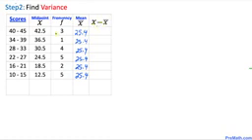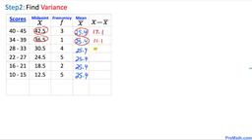X minus x bar. Let's go ahead and do this one. This is our x value and this is our x bar. We're going to subtract this one. It is going to give us 17.1, and if we subtract this minus this value, that is going to give us 11.1.